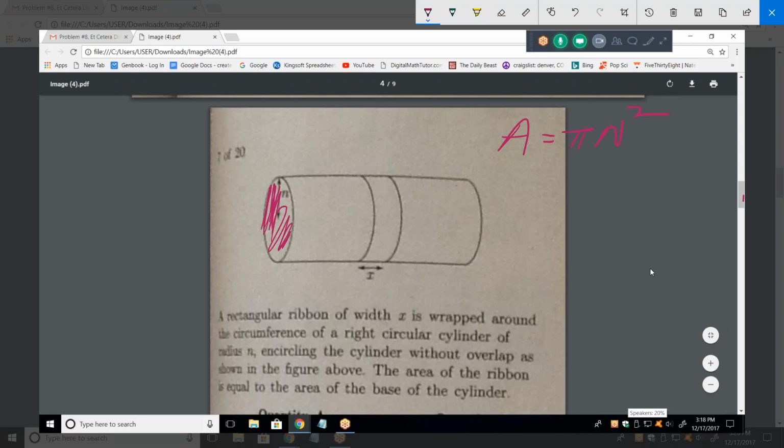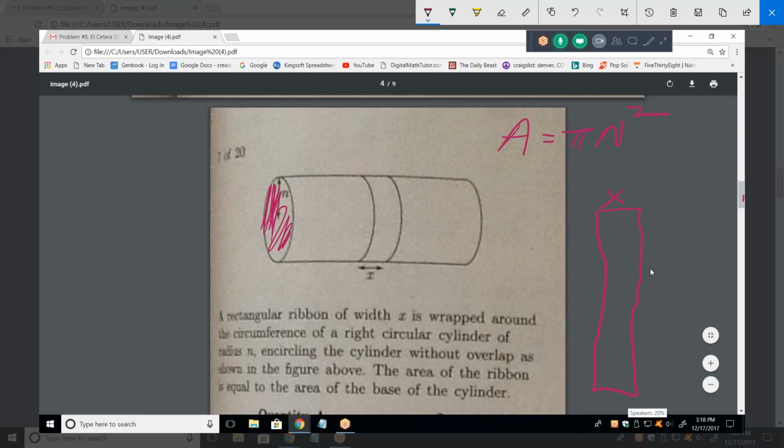Okay. Now the area of that ribbon, if you unfold that ribbon, what will its width be? It'll look like that, will it not? Yeah. Okay, that's x. What is its height? The circumference.